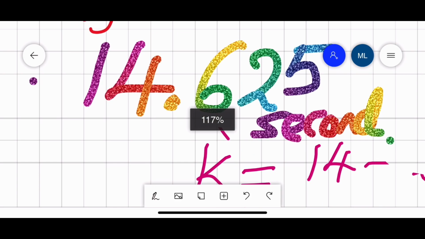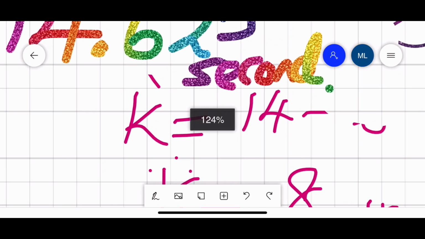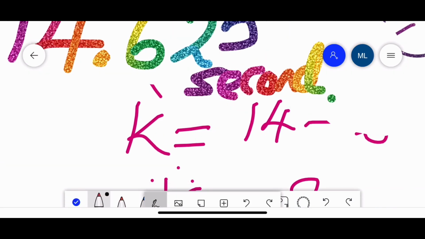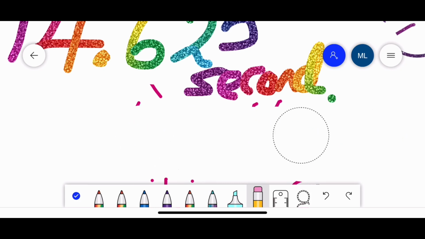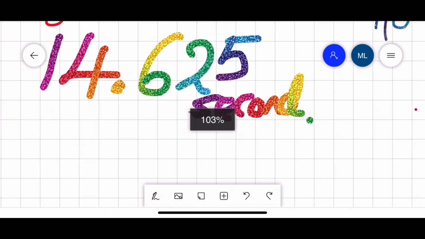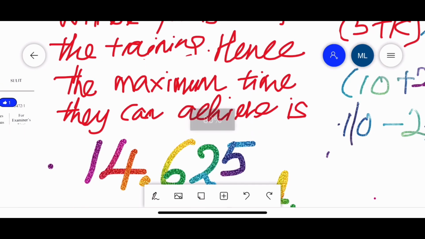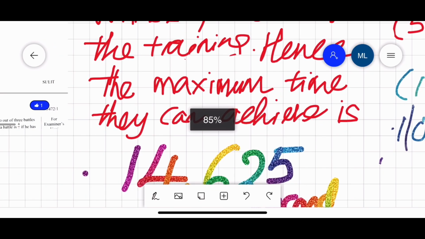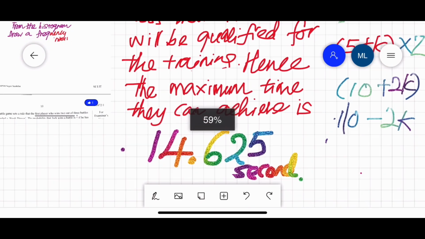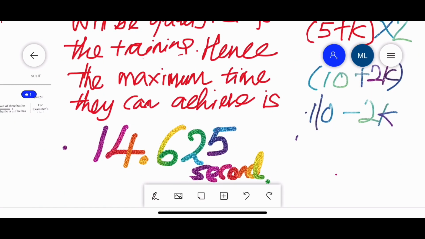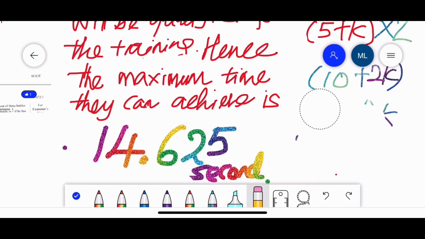So this is the answer for the HOTS question that is very challenging, especially for paper 1. So you need to understand the concept and you need to practice how to work out the first quartile, the median, and also the third quartile for the group data.